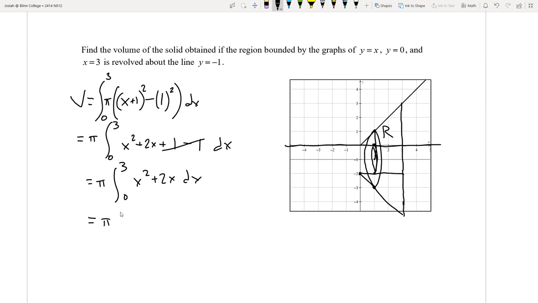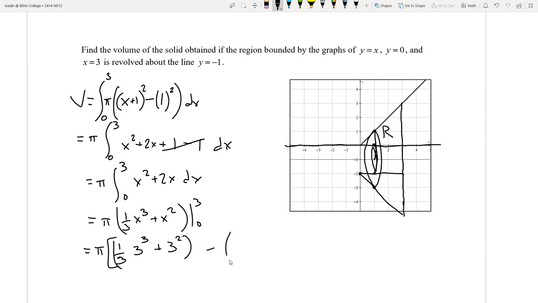And again, we just run this through the power rule, and we'll go ahead and evaluate this from 0 to 3. And so when we do that, we've got 1/3 times 3 cubed plus 3 squared, minus 1/3 times 0 cubed plus 0 squared. Those guys are all gone.